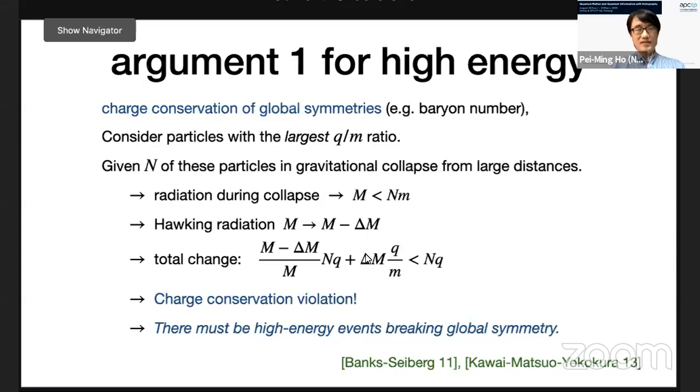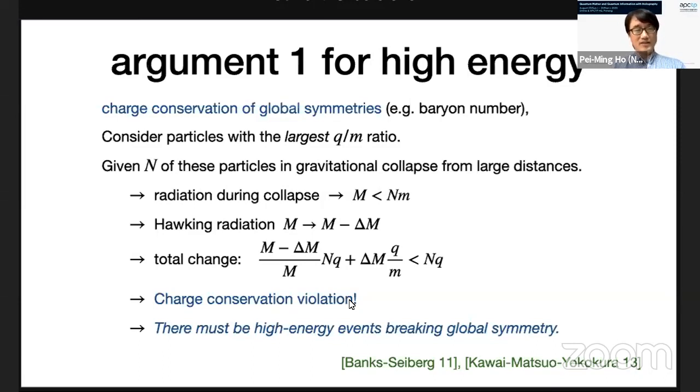And then you have this mass going out to infinity as Hawking radiation, and they carry this much charge at maximum. But the sum is actually smaller than the initial charge because of this inequality, m less than nm. So you would have charge conservation violation. So your low energy effective theory, which is allowed to have some global symmetry and associated charge, you inevitably would find charge violation. So there must be some high energy events breaking this global symmetry.